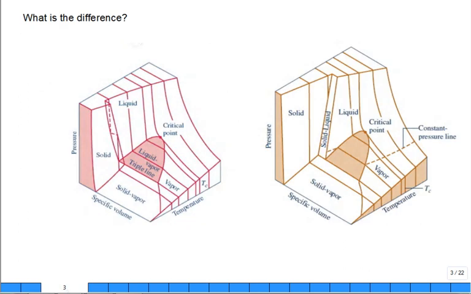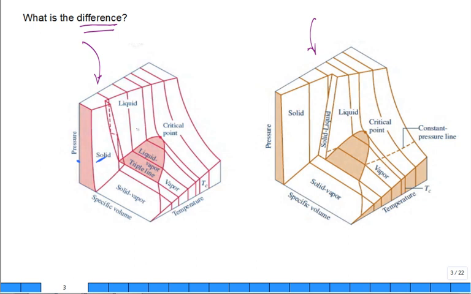I think I spent some time showing this illustration. We just showed this illustration. What is the difference between these two? It's just a verbal question. Can you see the difference between them? Yeah. So what happens is, let's say you're going from a solid to a liquid, at this pressure right here, and you're in the solid region.